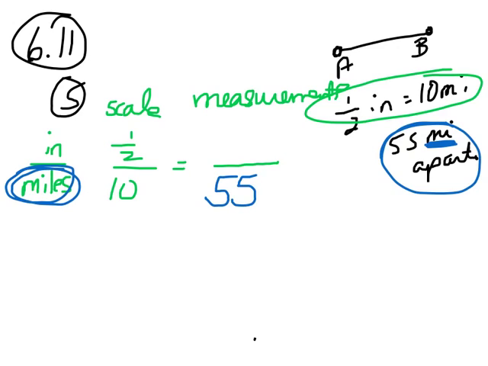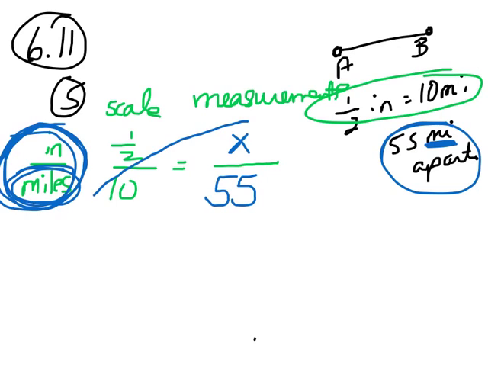What we don't know is how much that should have measured on the paper, how long a segment should be to represent 55 miles. This is why I really like writing inches on top, miles on the bottom, and writing this off to the side. It can really help keep me on track when I'm working these problems and trying to figure out where to set things. Okay, so once I get it set up, I solve it just like all the other problems.